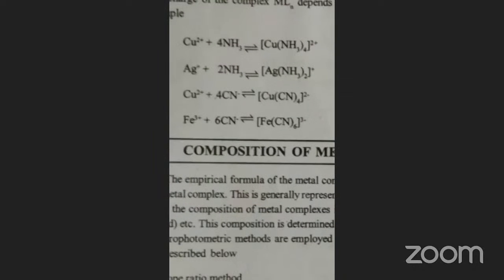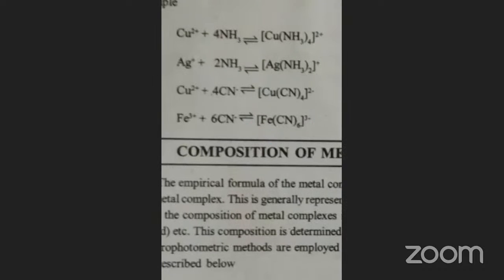The empirical formula of a metal complex generally refers to the composition of the metal complex. After formation, a complex is produced, and this is the empirical formula. It depends upon the formation of the complex, or the composition of the metal and ligand.